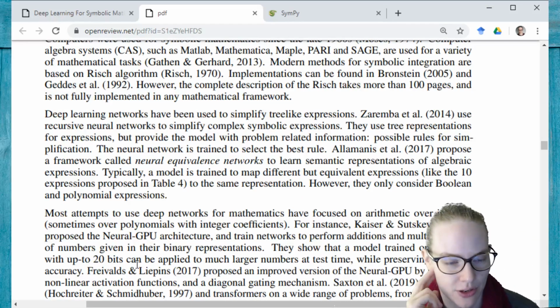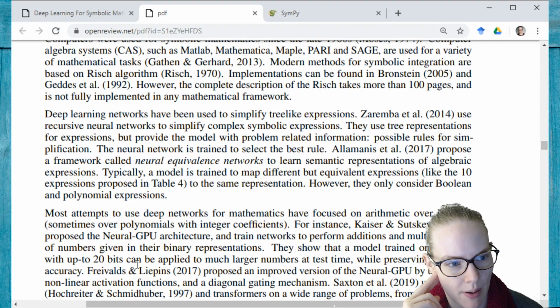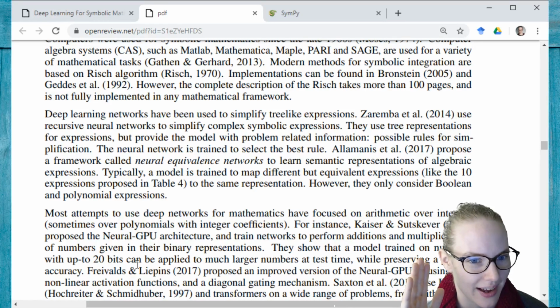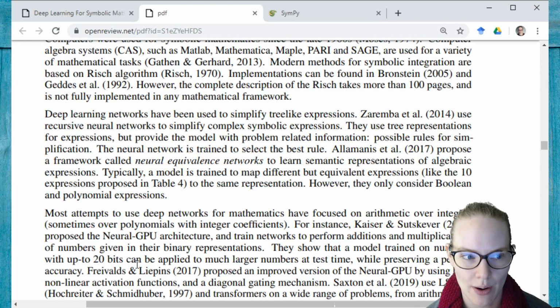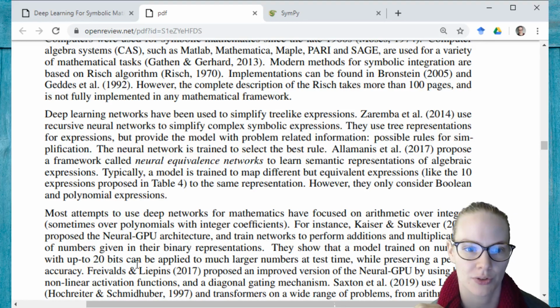Deep learning networks have been used to simplify tree-like expressions. Zaremba et al. use recursive neural networks to simplify complex symbolic expressions. They use tree representations for expressions, but provide the model with problem-related information, possible rules for simplifications.